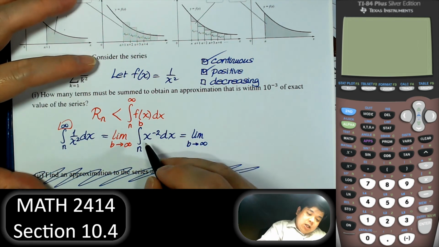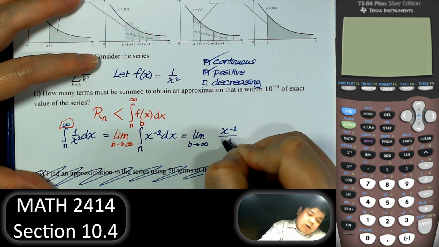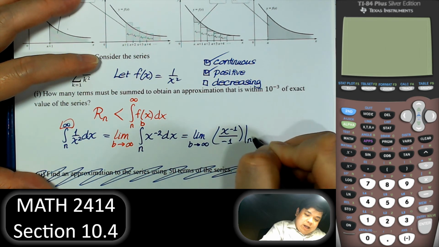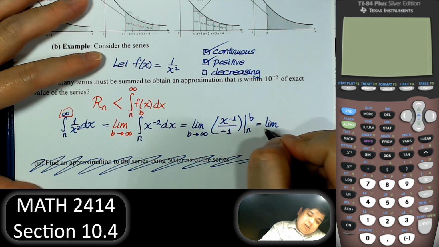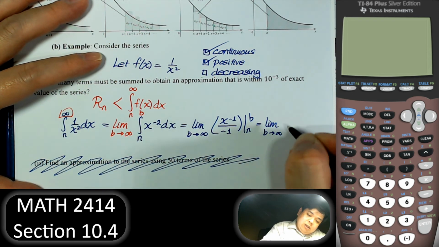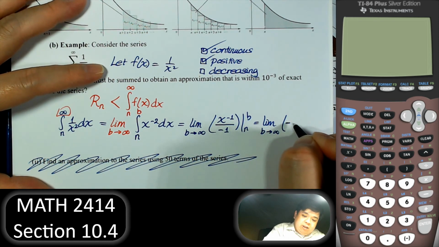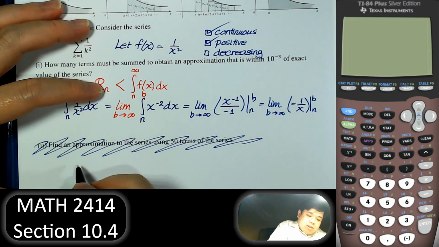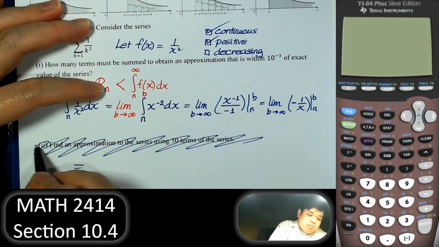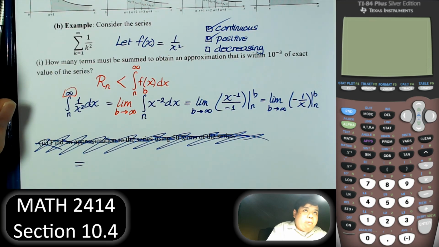Right, so the integral of that is x to the negative 1 over negative 1, going from n to b, and that moves to the bottom. We have negative 1 over x, from n to b. Like I said, I will omit the second part of the problem.